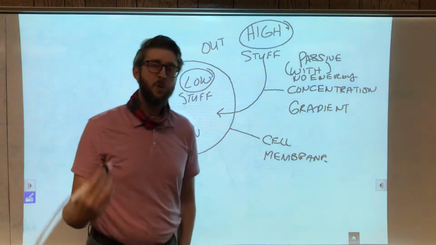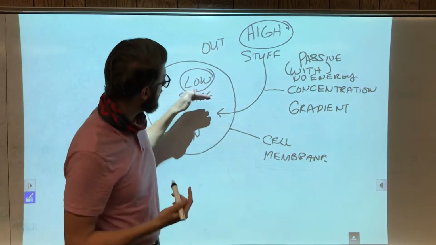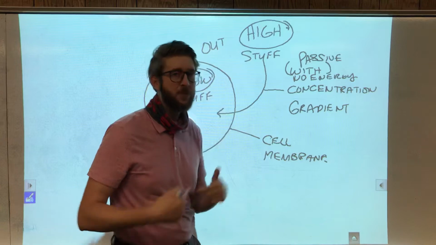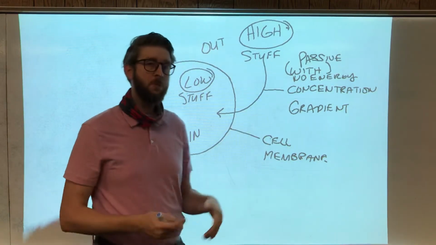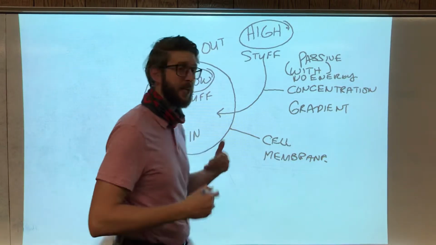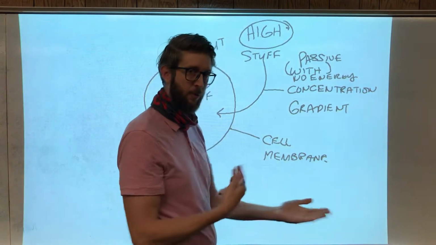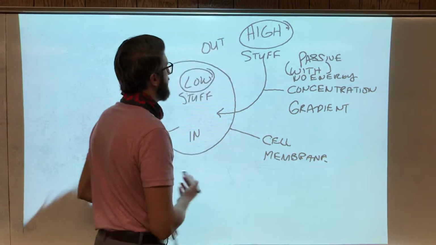However, if you want to do the opposite and you want to move something in the opposite direction of where it wants to go, high to low, if you want to move it from low to high, you have to go against the flow of the river, which requires energy and effort.